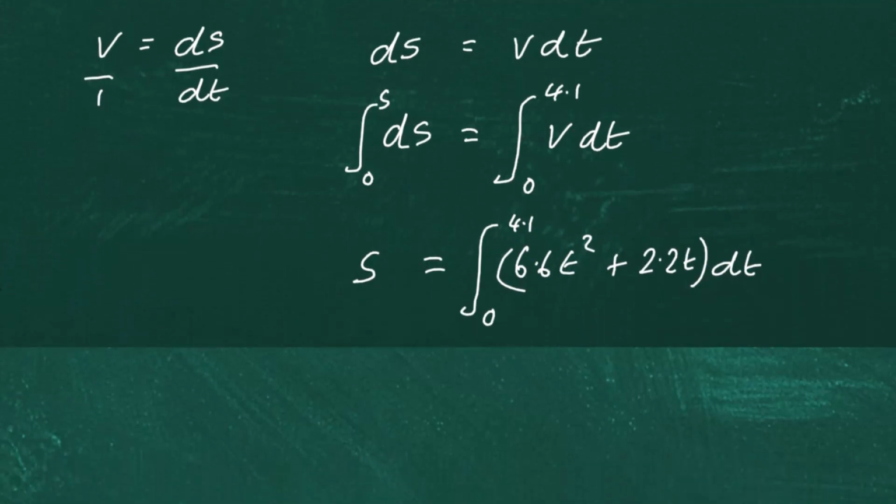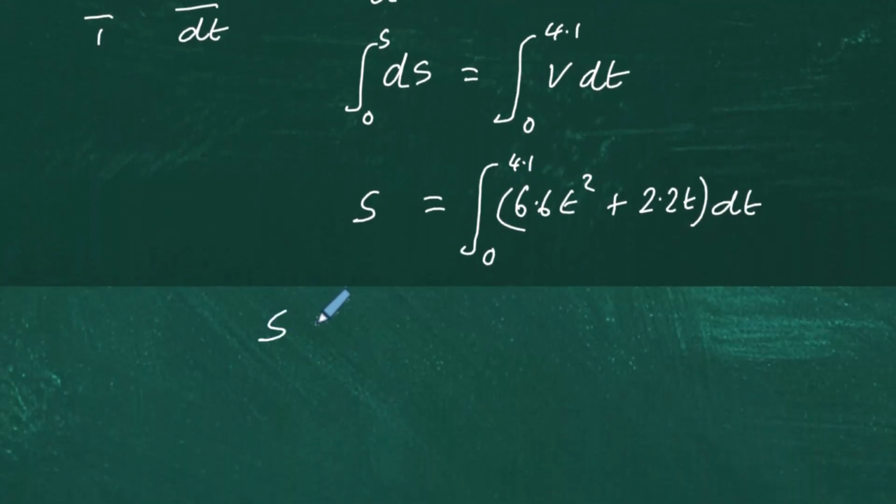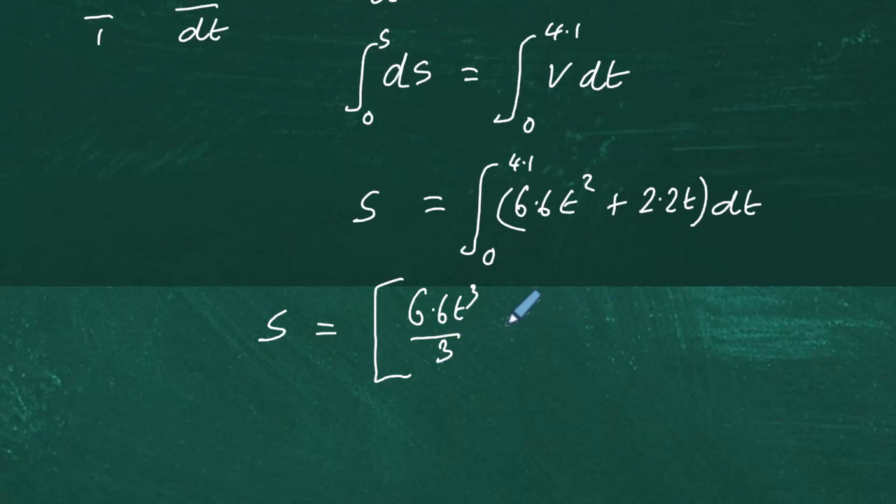So s is going to become equal to, and we put in our square brackets for this, 6.6 t squared becomes 6.6 t cubed divided by 3. And the next part is 2.2 t, we add on 1 to the power, so it's 2.2 t squared, and we divide by the new power, divide by 2, and that's going to be our integral from 0 to 4.1.